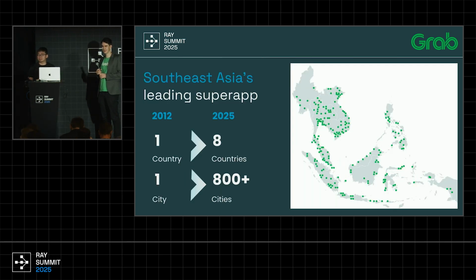So first, a quick introduction of Grab. We are a super app based in Singapore, and we started in 2012, operating in one city. Today we are operating in 8 countries across 800 cities.